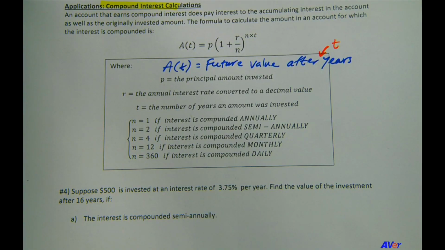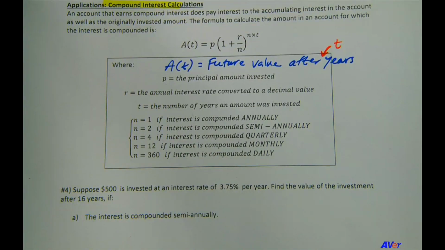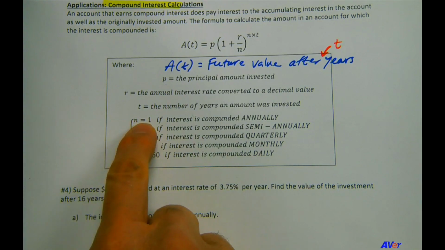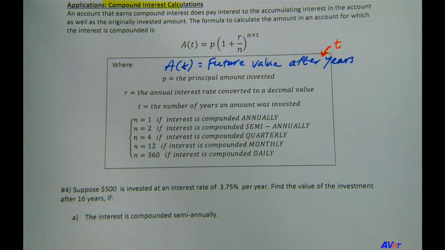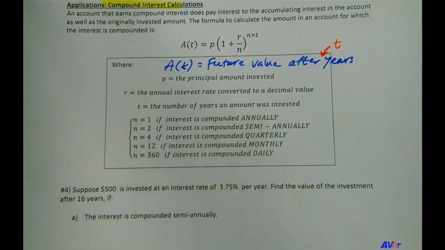So how many different kinds of compounding can we have for this formula? There are other formulas that will be different, but for this formula, we can have 5 different kinds of compounding periods. If N is equal to 1, that means the interest on the money invested is being compounded annually, once a year.